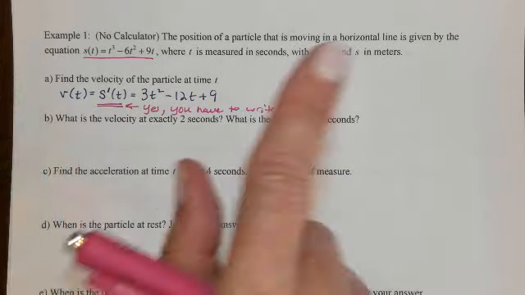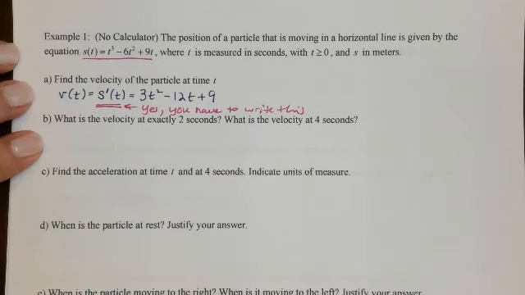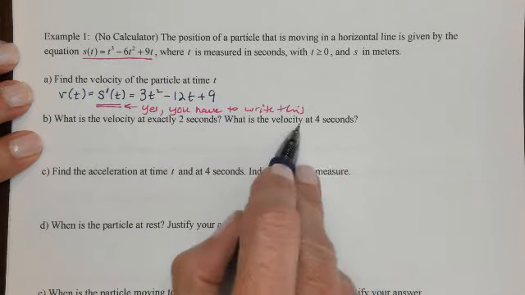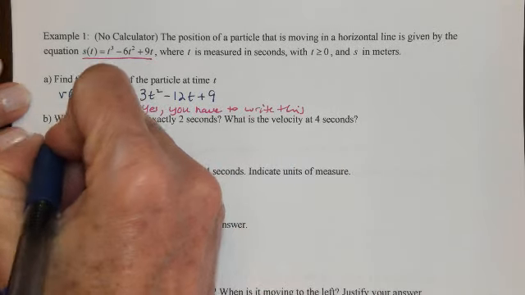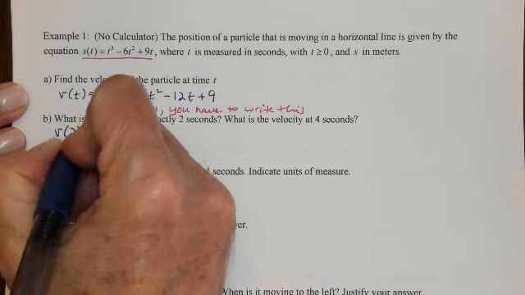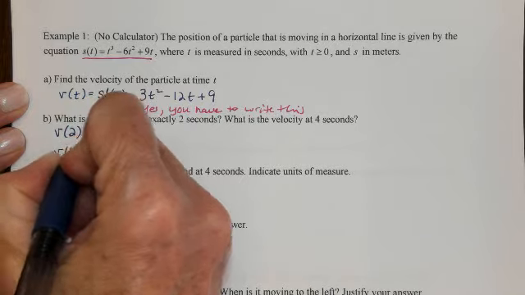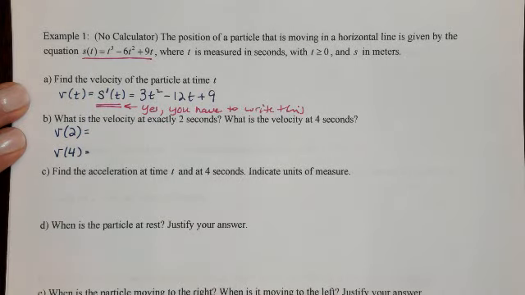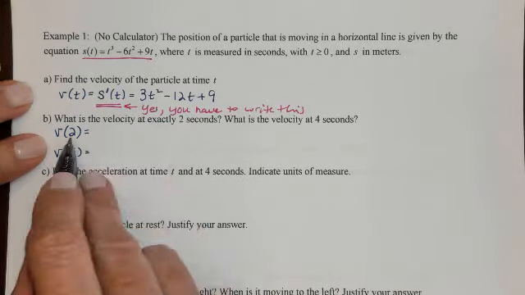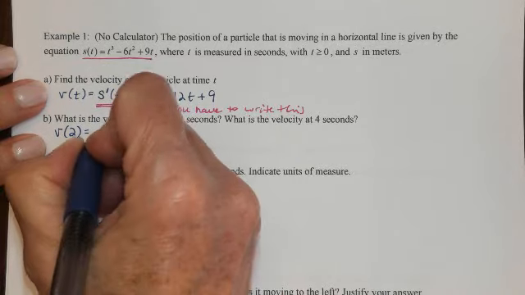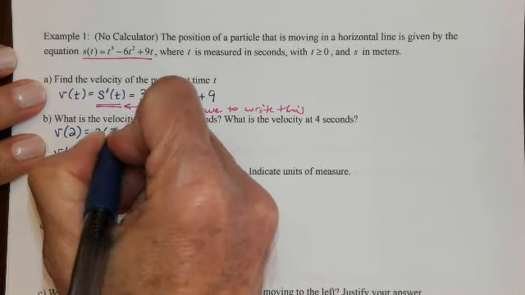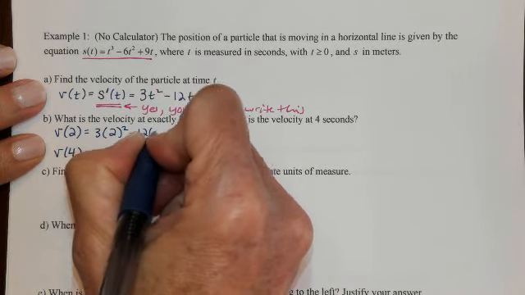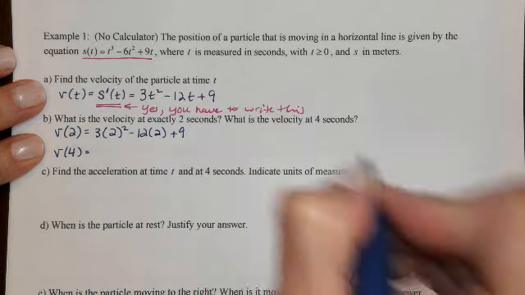All right? Next up, what is the velocity at exactly 2 seconds? What is the velocity at exactly 4 seconds? So we need the velocity now at 2 and then we need the velocity at 4. So we're just going to put 2 in for t. So 3 times 2 squared minus 12 times 2 plus 9.